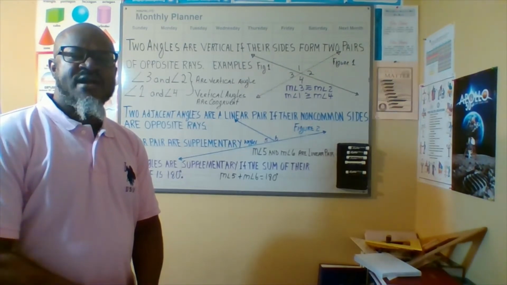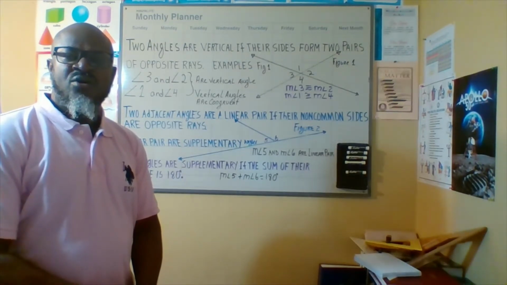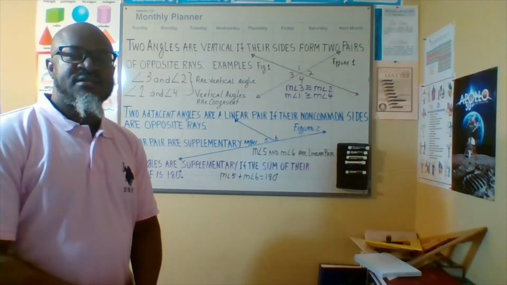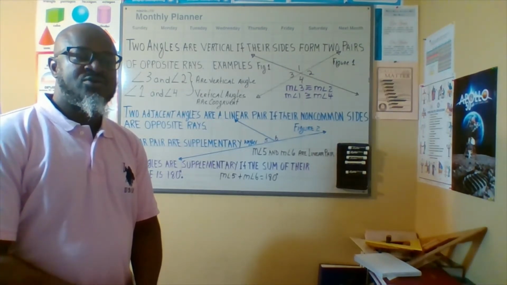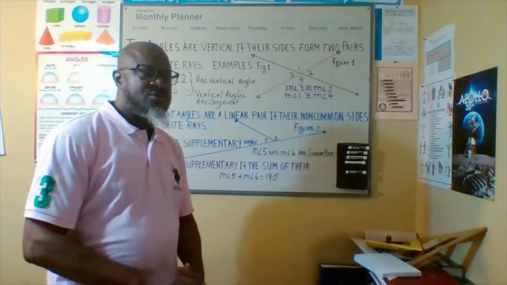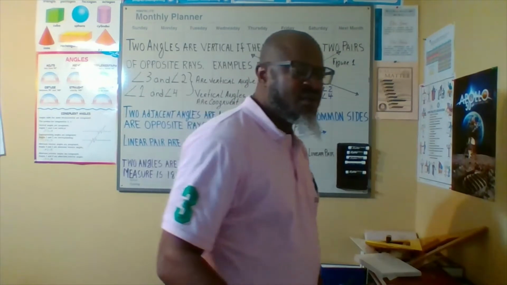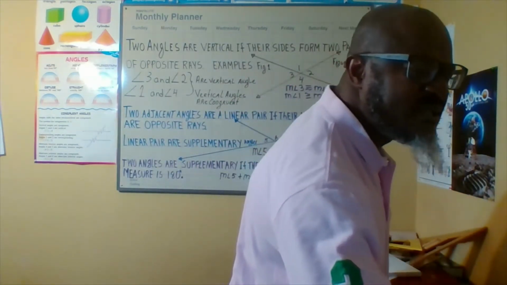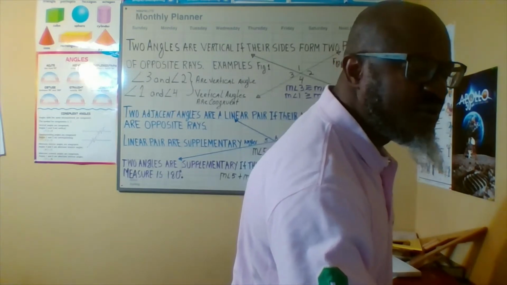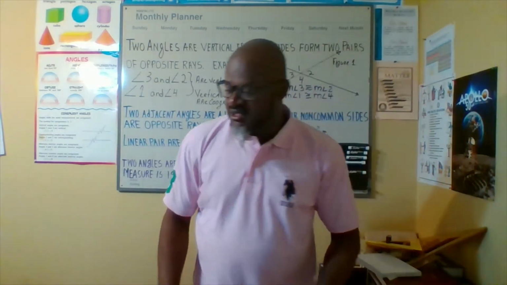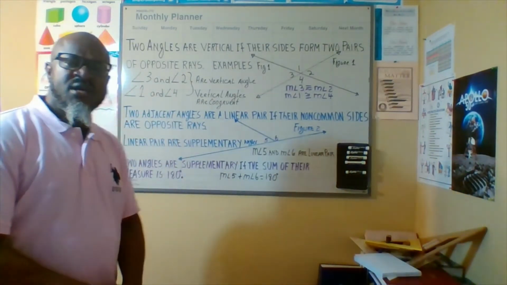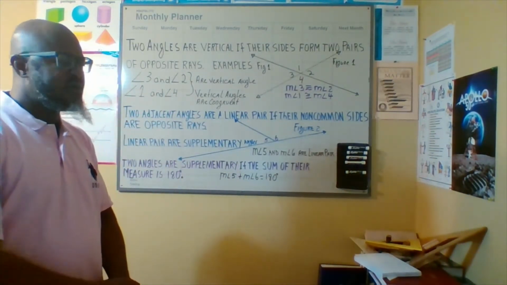If you have two lines or two segments that intersect, those two concepts will be present. So whenever you have two lines that intersect in geometry, you will face those two concepts, which are vertical angles and linear pair.